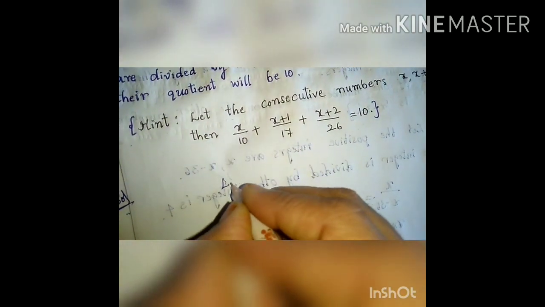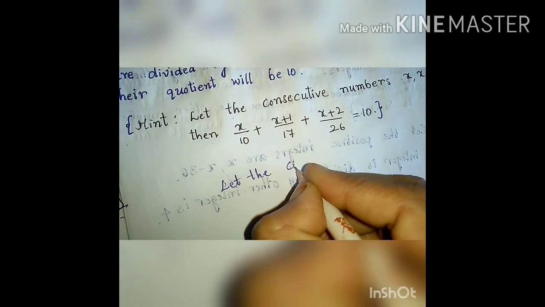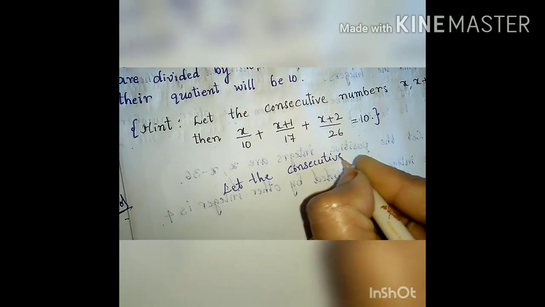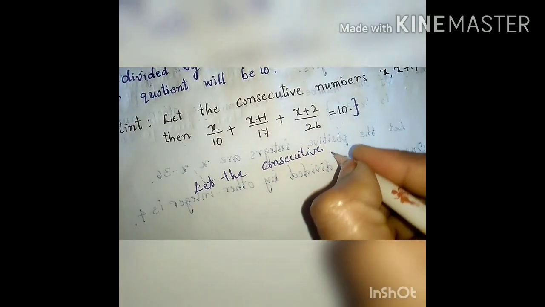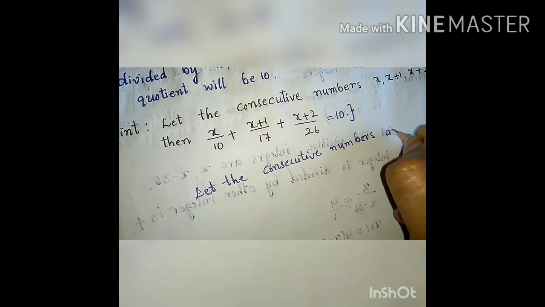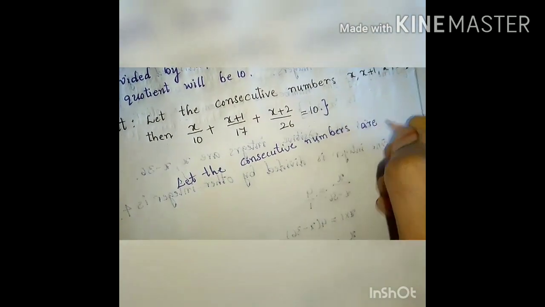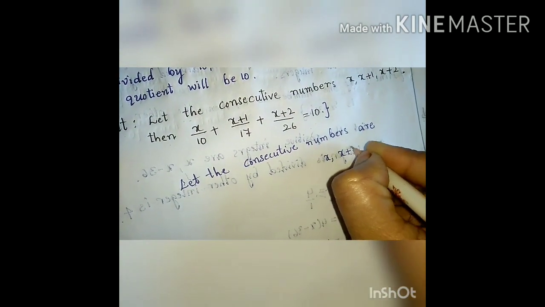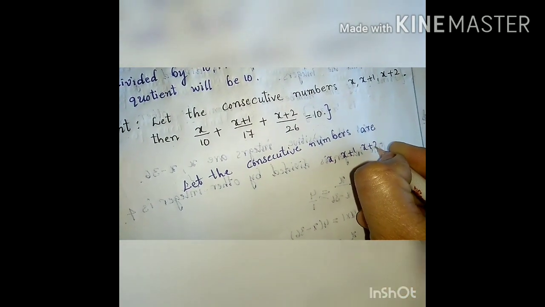Okay, let the consecutive numbers be x comma x plus 1 comma x plus 2.